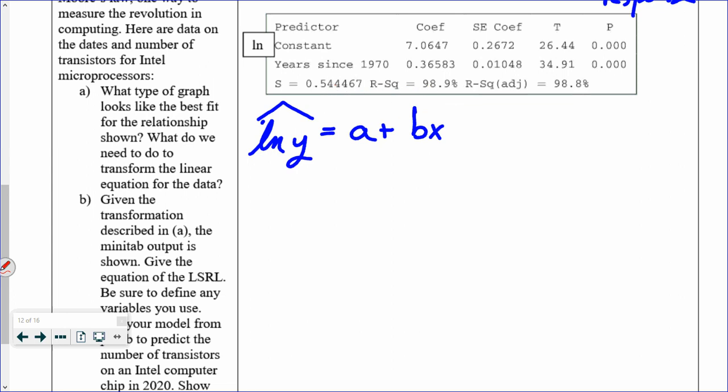So we are going to have this 7.0647 is going to end up right here. This 0.36583 is going to end up right here.